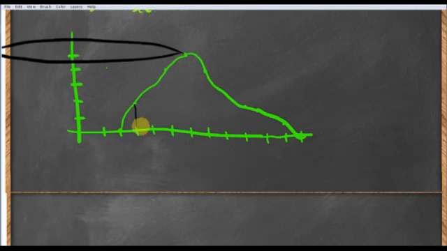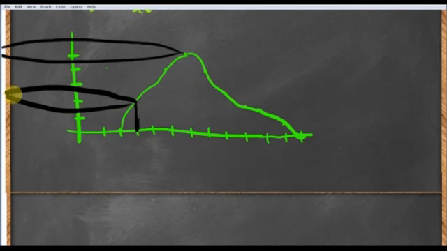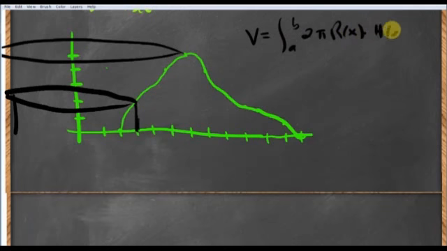If we were just doing a normal 6.3 problem, the volume was the integral from a to b of 2 pi radius times height, and you would notice that the interval is going to go from 2 to 12.